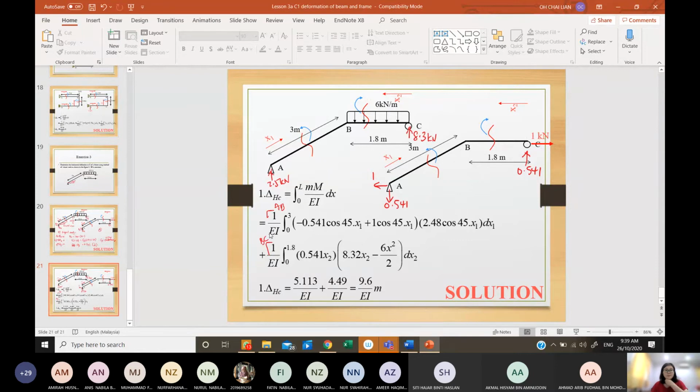Okay, 0 to 3, correct? So you need to resolve your forces perpendicular to your system. This 2.5 kilonewton, and also this 0.541 in 1.